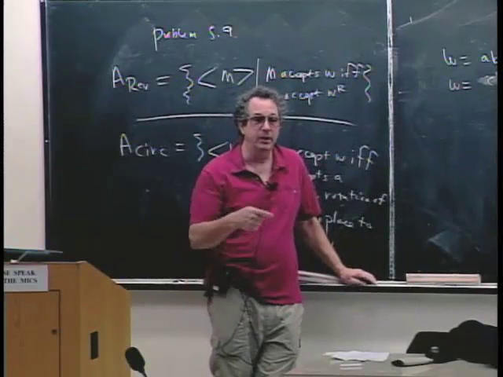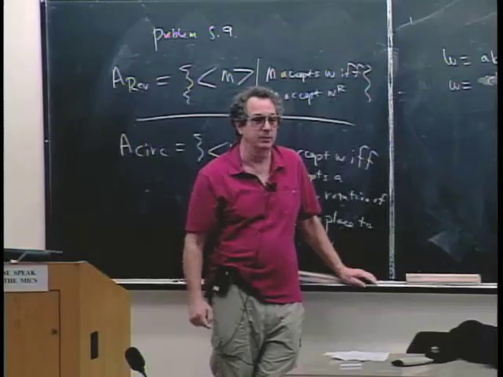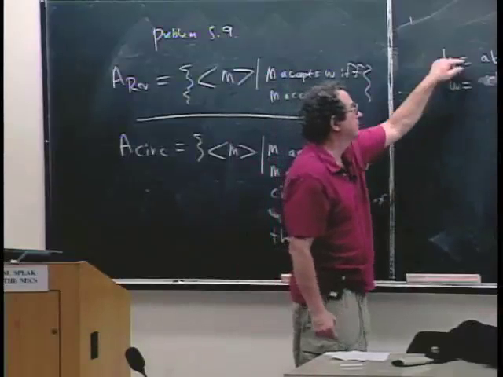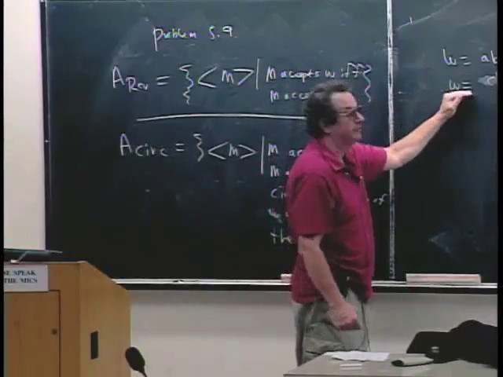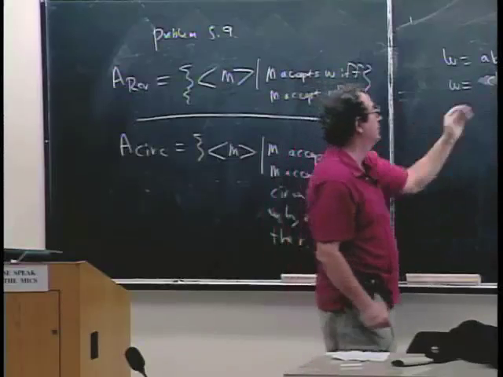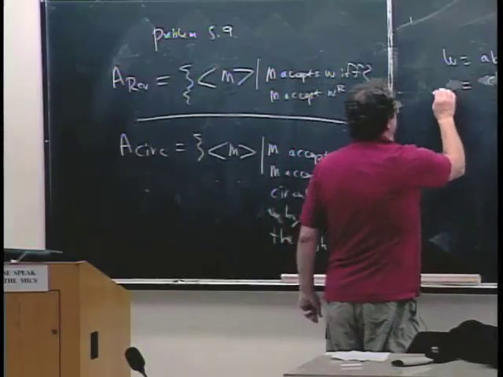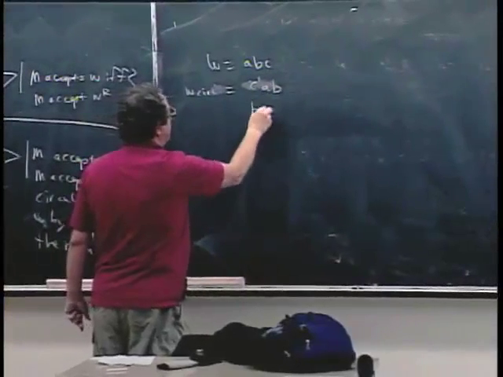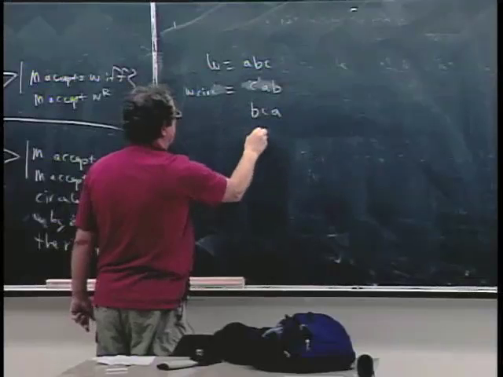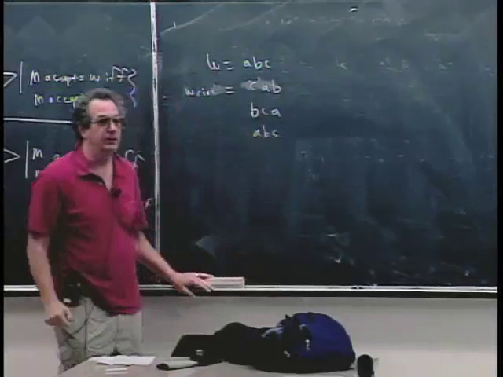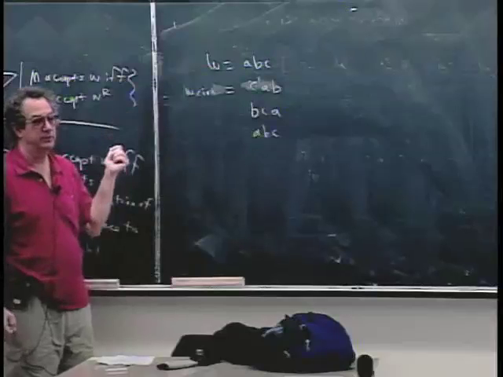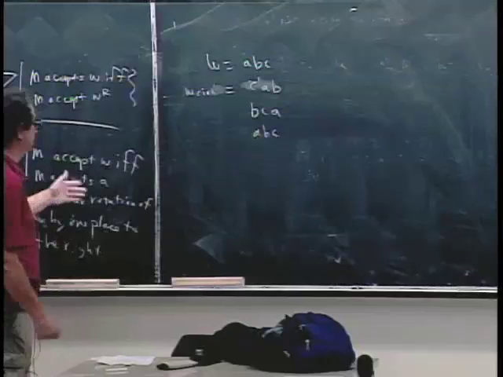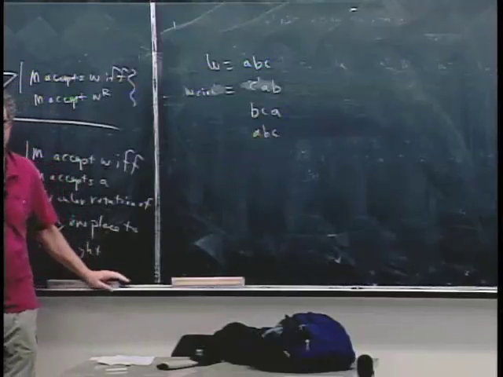Which, by the way, implies that all circular rotations would be in the language, right? Because this is circular rotation by one position, but then if this is also in the language, one circular rotation from that is BCA, and one circular rotation from that is back to ABC. Okay, so I could have rewritten this as M accepts W if and only if M accepts all circular rotations of W. Okay?